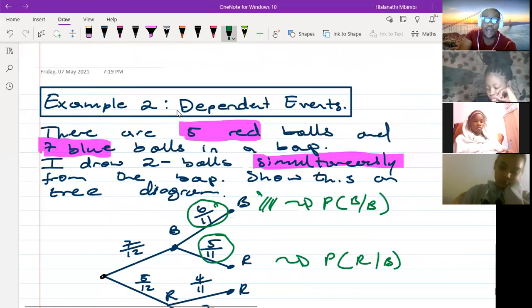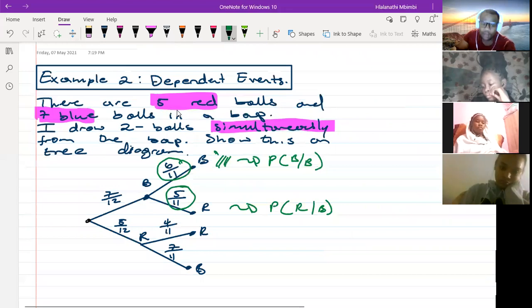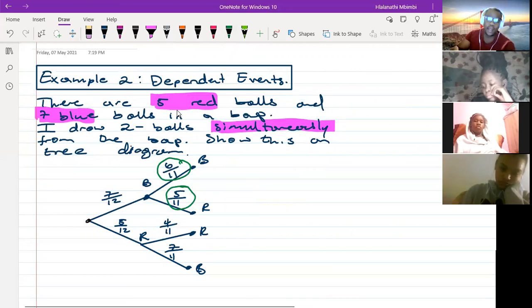Now, this question, I don't want to solve it. We just said we must draw a tree diagram, but I want to tell you that similar questions could be asked.